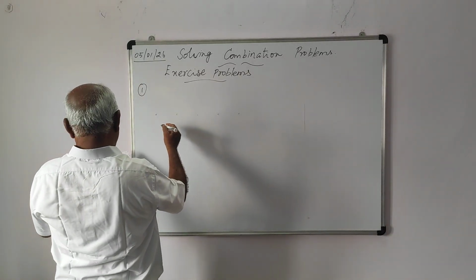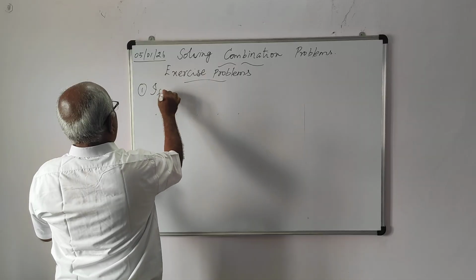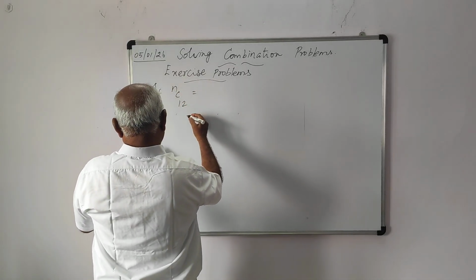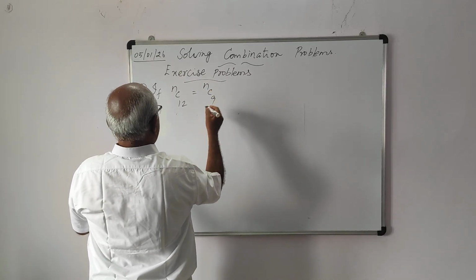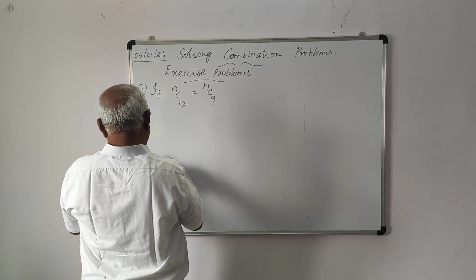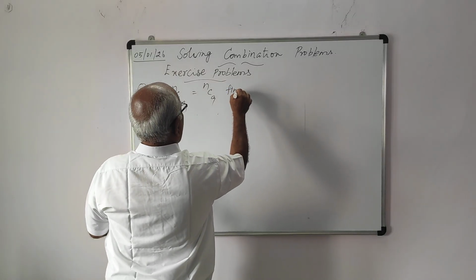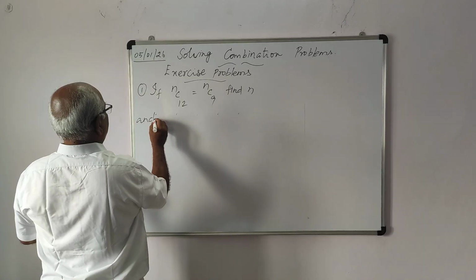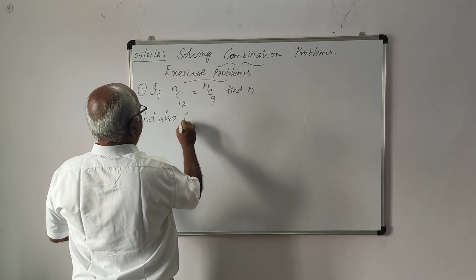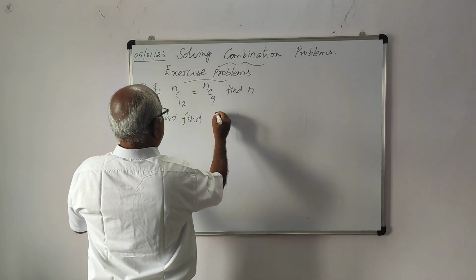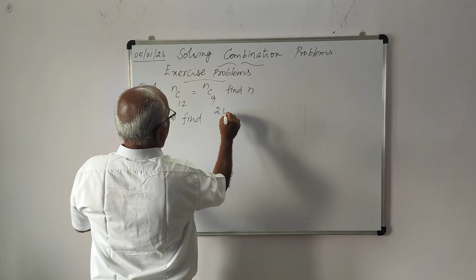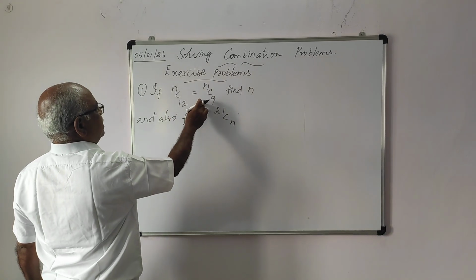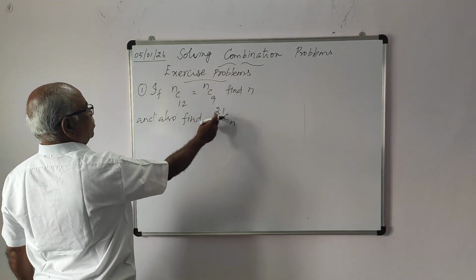First problem is, if nC12 equal to nC9, find n and also find 21Cn. This is the problem.